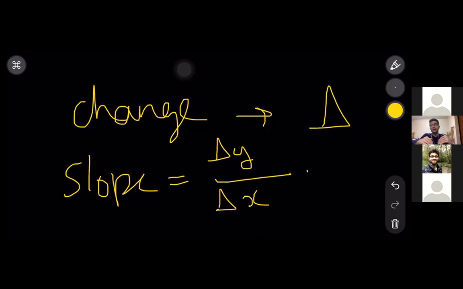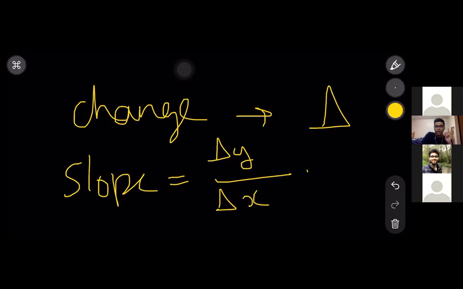Then the adjacent side, q, is the ending x value minus the starting x value. So it's the change in the x-axis. The slope is opposite over adjacent, p over q, which is the change in the y-axis over the change in the x-axis, which is delta y over delta x. That's the notion of slope. Okay?